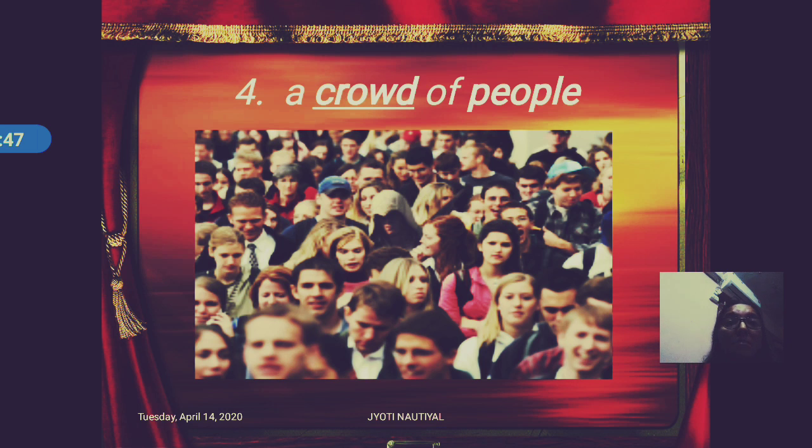When you see many people together, like in the market or in the interval time in your school when you have lunch breaks, that group is called a crowd. The term used is a crowd.